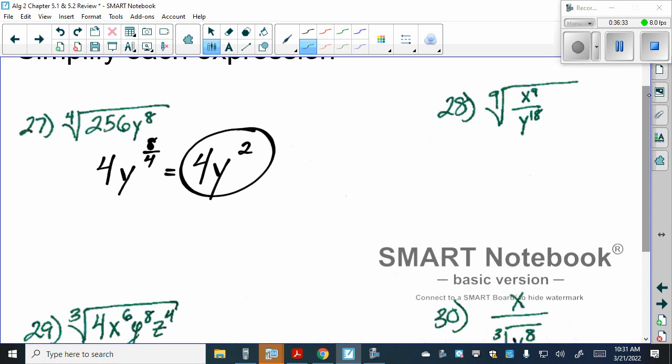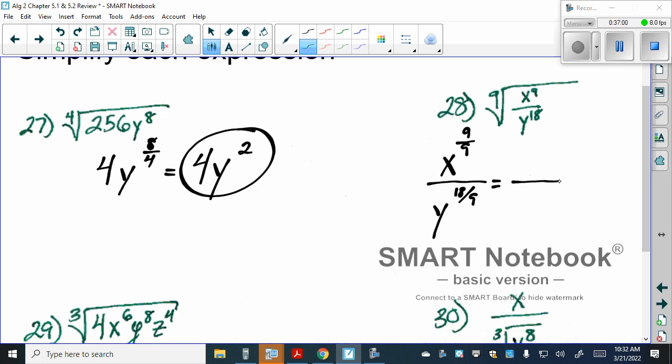Now 28, because we're taking the 9th root, we're really dividing each exponent by 9 and simplifying accordingly. So for the numerator, x to the 9th, we're really saying that we have x to the 9/9. In the denominator, we have y to the 18/9, because we're dividing each of those exponents by 9.